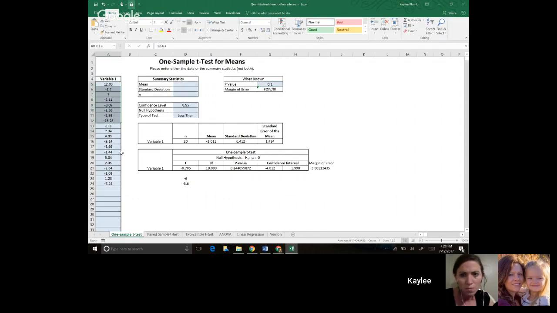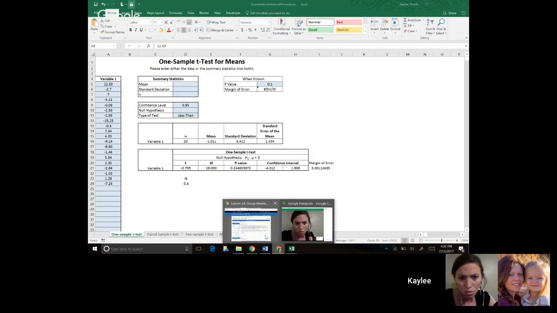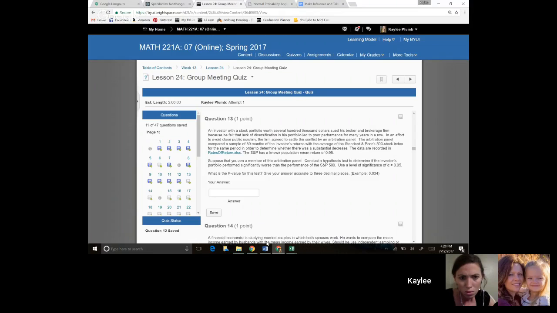And you just put the data in, change the confidence level to 0.95, and type of test less than. That's what I was wondering. I think it is less than. I'm trying to read this thing again. I don't think I got this one. Does he determine if his performs significantly worse? Sounds like less than.